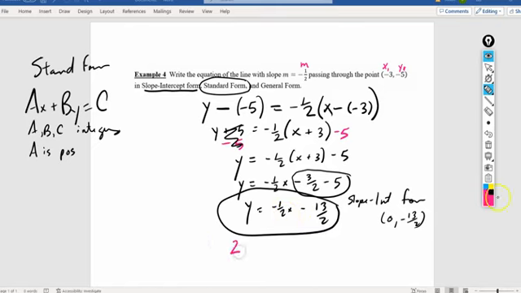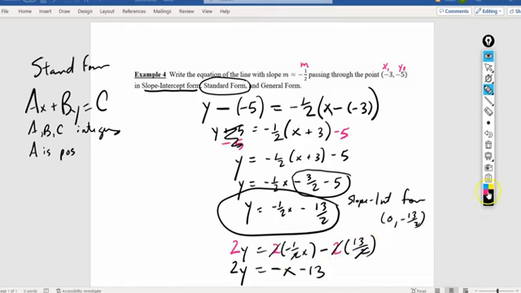So I'm going to have 2 times y is equal to 2 times negative 1/2 x minus 2 times 13/2. So you have to do the same thing to every term in order for the equality to still be valid. So this is going to be 2 times y is equal to, and so here the 2's cancel and I get negative x. Here the 2's cancel and I get minus 13.